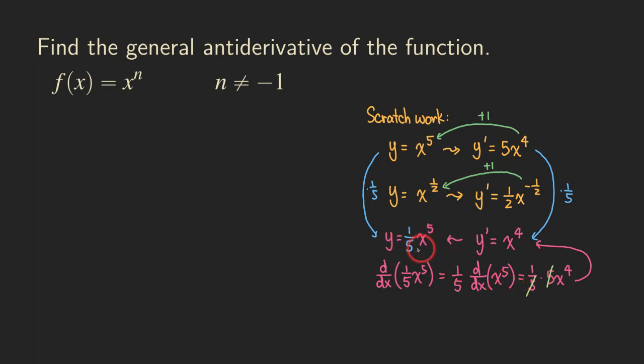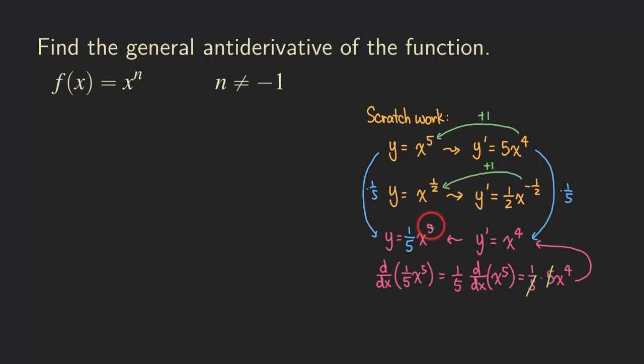Now, according to this pattern right here, what do you see? How can you relate this 1/5 with this exponent that we are getting here? Do you see that this denominator is the exact same number as the exponent we have here, or we call this the new exponent, right? The original exponent is the 4th. When we go backward, we get a new exponent by adding 1, so we are getting the 5 here.